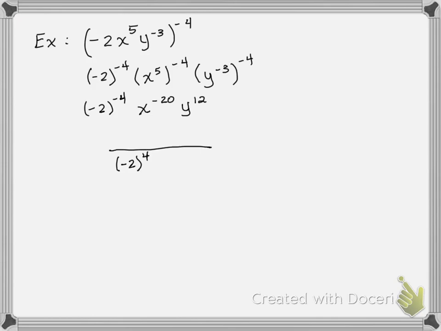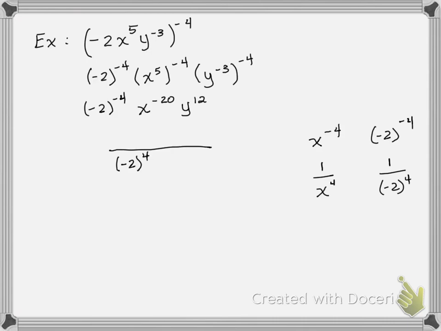If that negative 2 was an x, would you be okay with it? So x to the negative 4th, you're okay with that being 1 over x to the 4th? Well, negative 2 is just a number, just like x. So why would it be any different? You take your base and you divide by it 4 times.